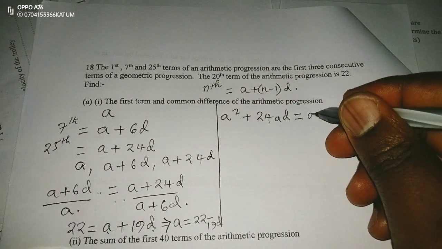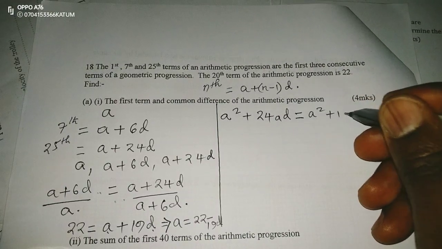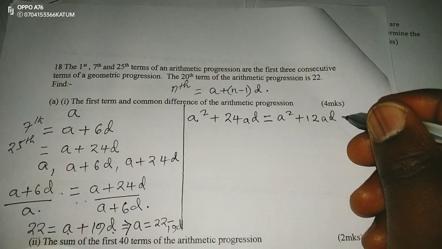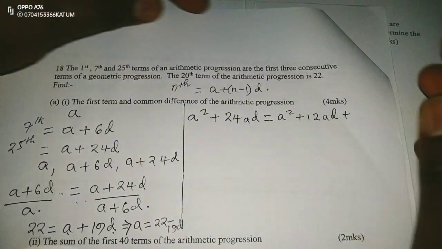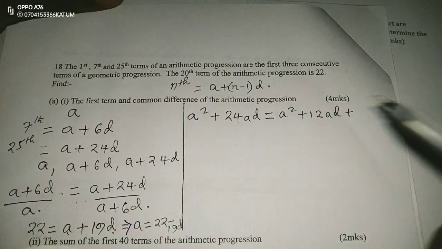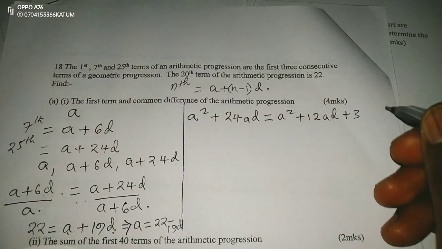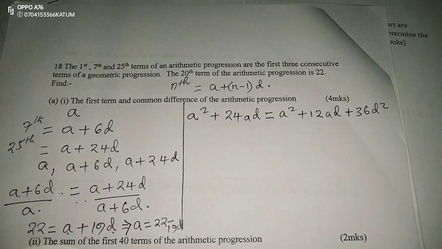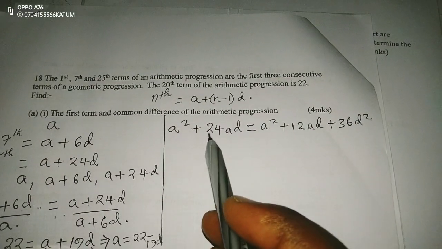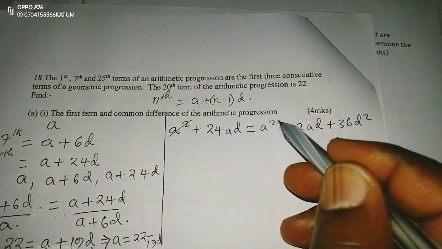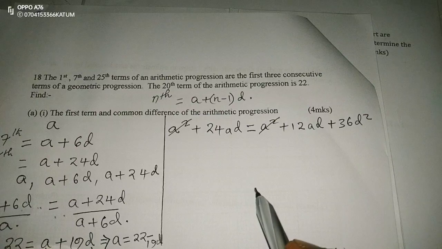And this will give me A squared plus 12AD plus 12AD plus 36D squared. Therefore, we can group like terms together, whereby A squared disappears because it is appearing on both sides.